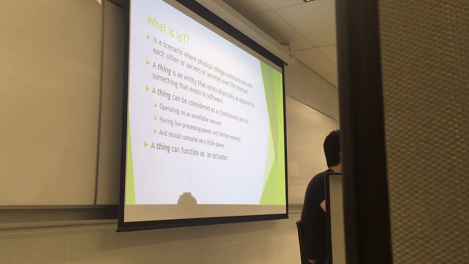Those constraints are that they don't necessarily need to operate on a reliable network. So in harsh environments, let's say on an oil platform, sometimes the internet doesn't work there, and the devices that are there should work among themselves without any reliable internet.